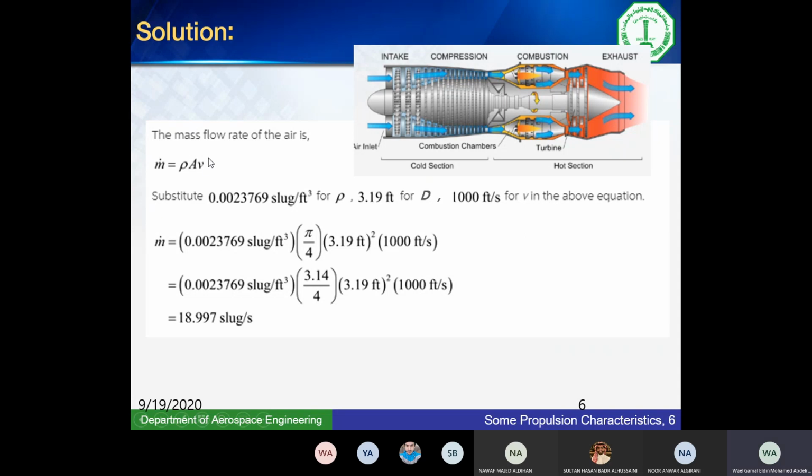Okay. So let's now see what do we have. It says the engine is running at sea level conditions, so we know the density. And from Appendix A in your textbook, the density in British units is 0.00237. Please don't mistake that with the one that you probably remember, 1.225 kilogram per meter cubed, because that's a different unit.